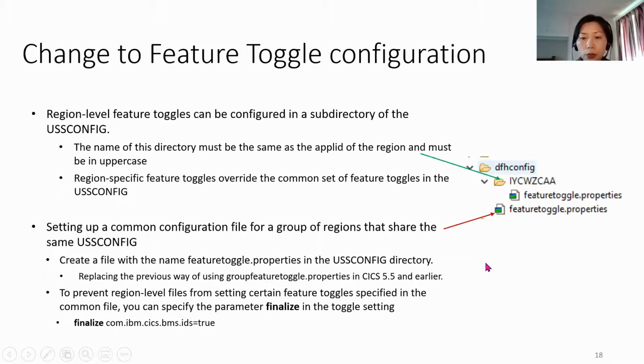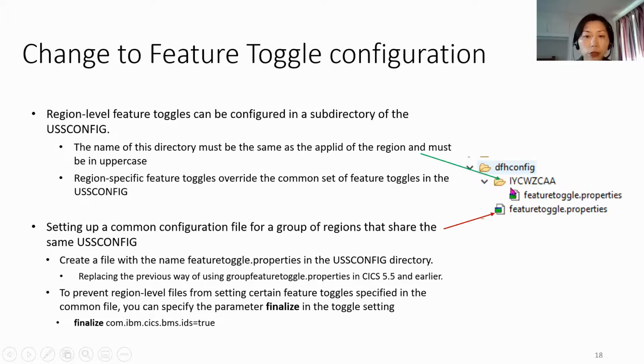What happens if you want some of the feature toggles specified at the group level to be final, so you don't want the region level to change them? You can use the name finalize in front of a feature toggle, which means that particular feature toggle in the file will not be able to be changed by a CICS region.